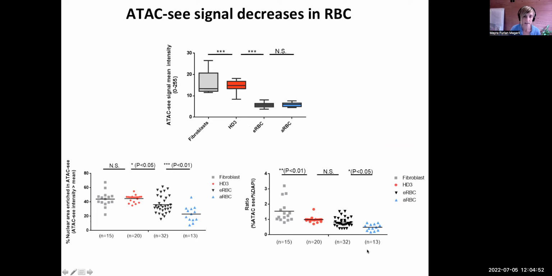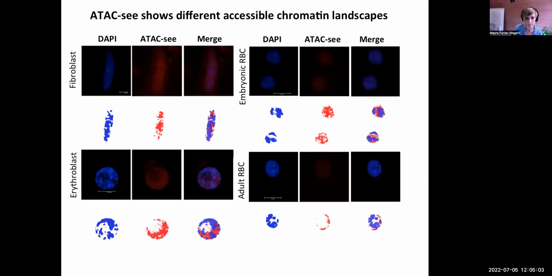So indeed, accessibility is decreasing in the mature red blood cells compared to the erythroblast.